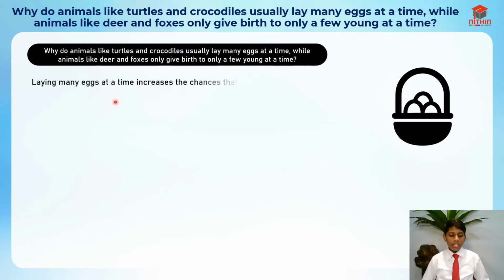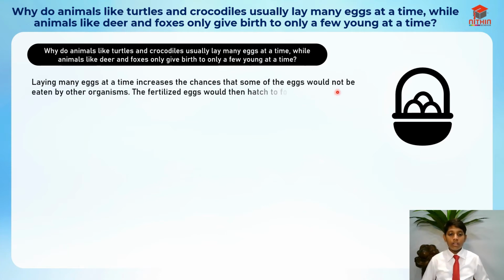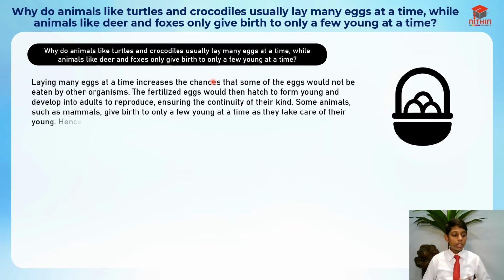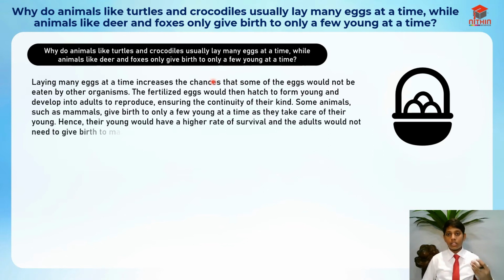Laying many eggs at a time increases the chances that some eggs will not be eaten by other organisms. So for turtle eggs, the eagles will steal the turtle eggs, and thus turtles lay a lot of eggs. It's not only that they'll steal the eggs.